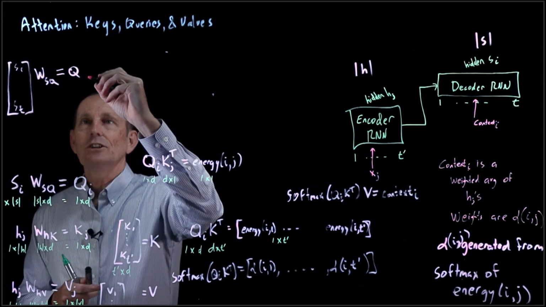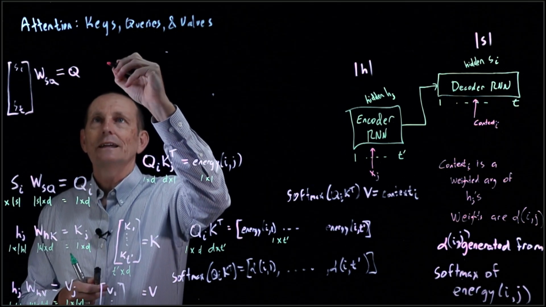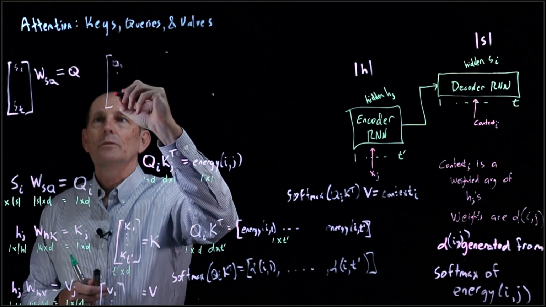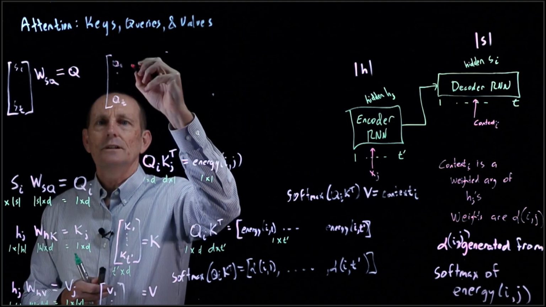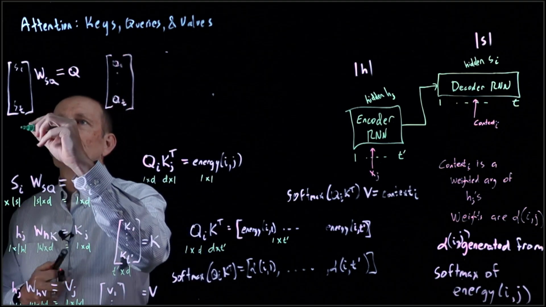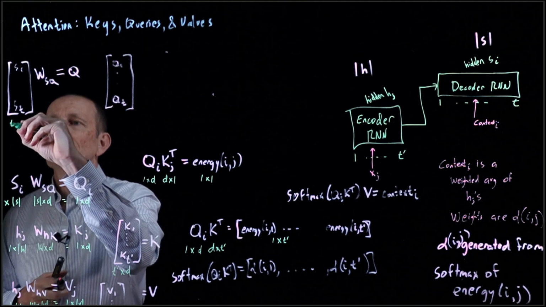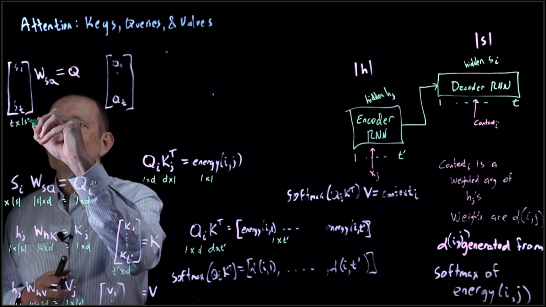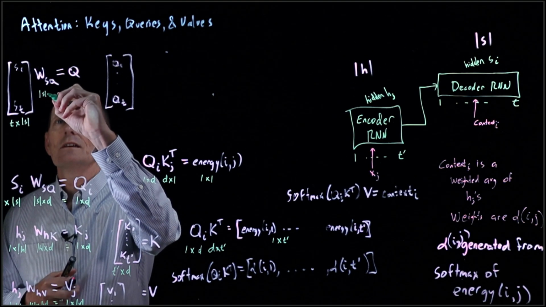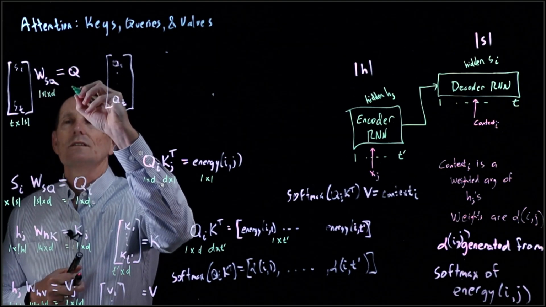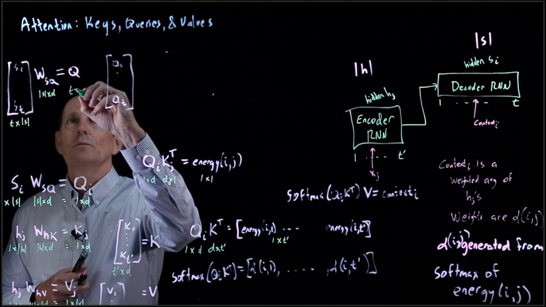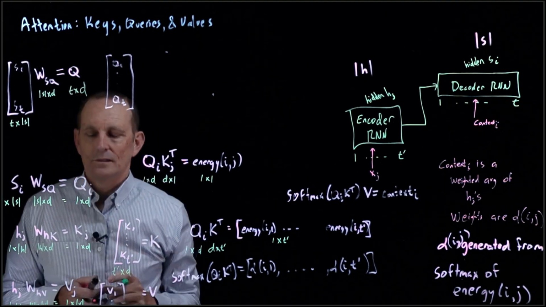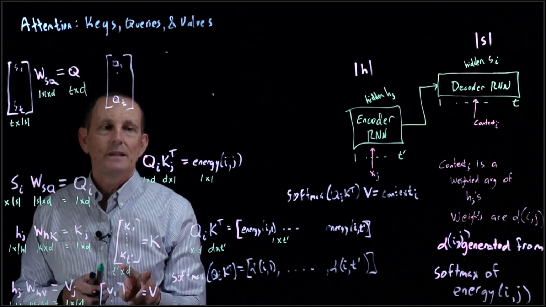And that's going to give us Q, which is going to look like Q1 all the way to Qt. And again, just checking, what's the size of this? This is going to be T by size of S. This is size of S by D. So this is going to be T by D. And our keys are T prime by D.